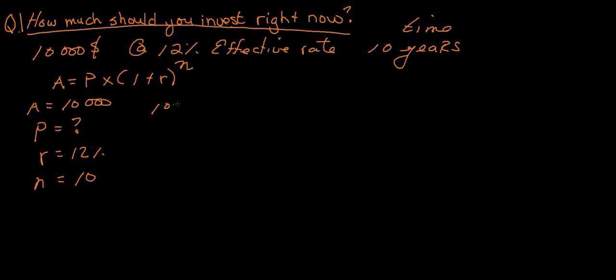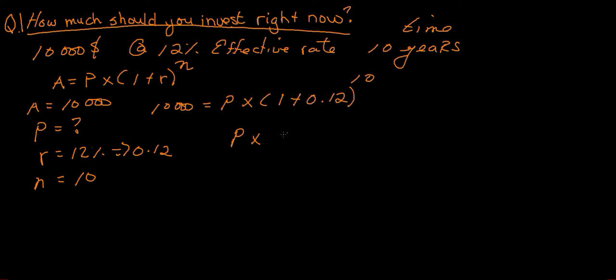So we have $10,000 equals P times (1 plus 0.12) to the power of 10. The reason why I'm putting 0.12 is that we have to put this into decimals. So now we have this number up here. What we're going to do is we want to isolate this P. So we can complete this number right here to get it isolated.